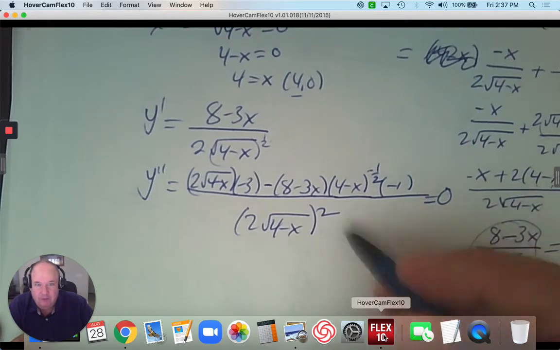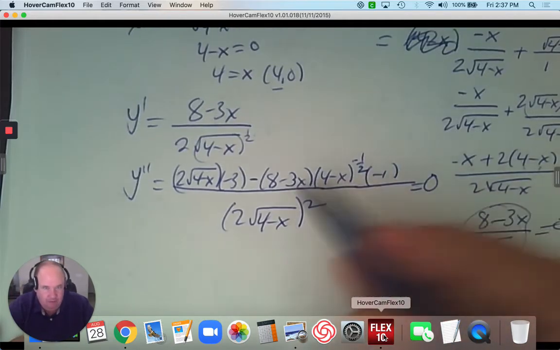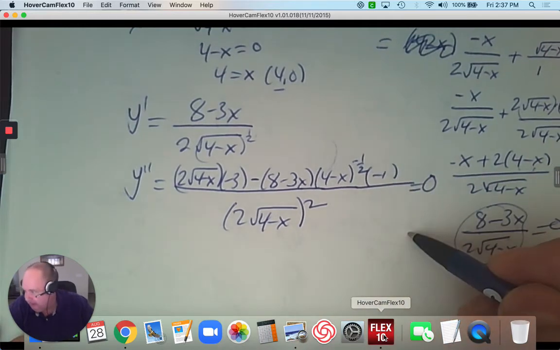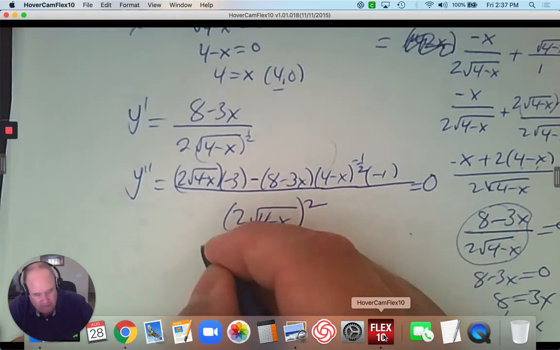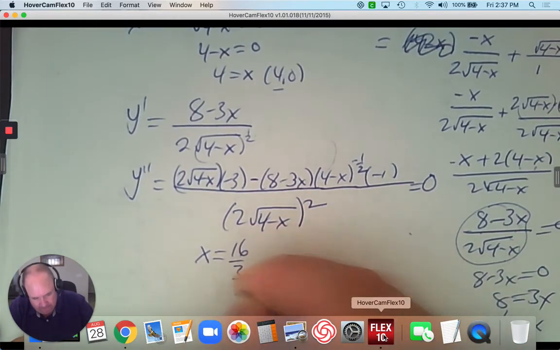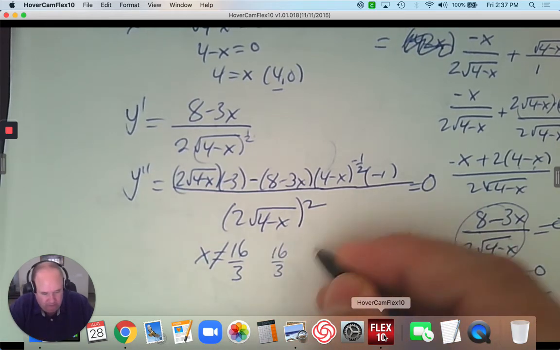If you just took this equal to 0 with your calculator, you would get the answer 16/3. And it can't equal 16/3, because 16/3 is not in the domain.